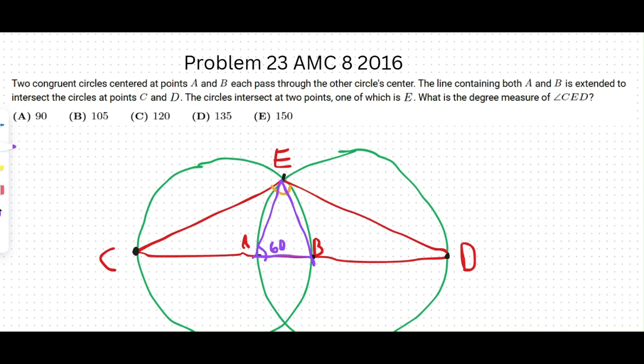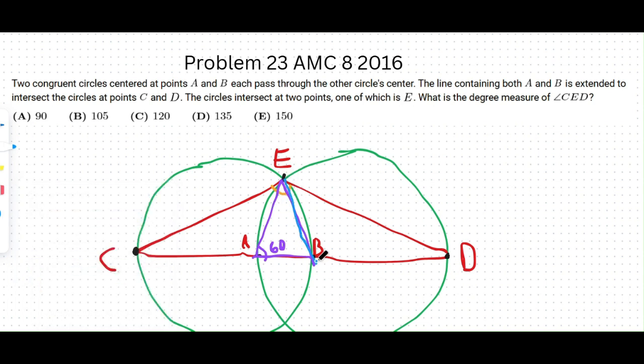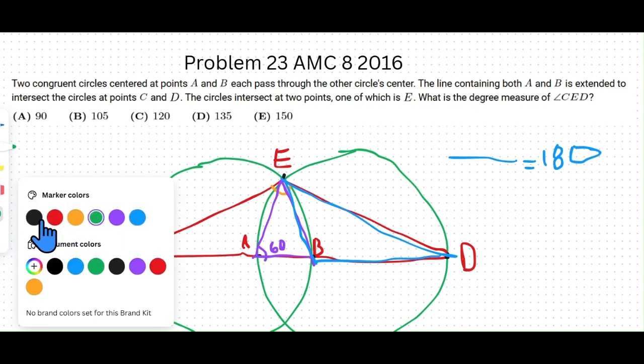Now this makes its own triangle, and E is also part of it. This is a straight line, and straight lines have an angle of 180. So 180 minus 60 gives us 120 for angle B in EBD. So this value is 120.